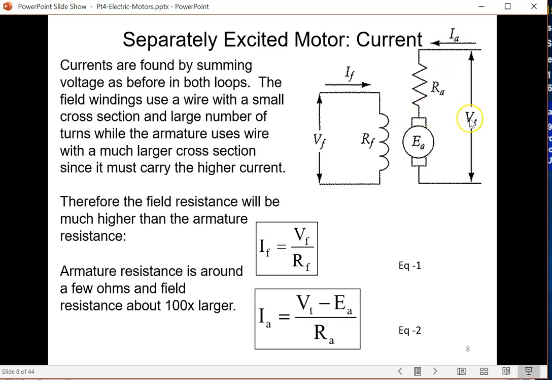Because the voltage VT is supplied from outside through the brush, and EA is a voltage produced due to the back EMF effect, the difference between the two divided by RA, the resistance of the armature winding, gives you the armature current. So this is how the two currents are calculated.